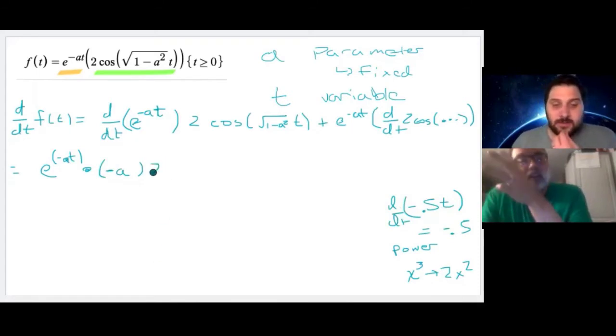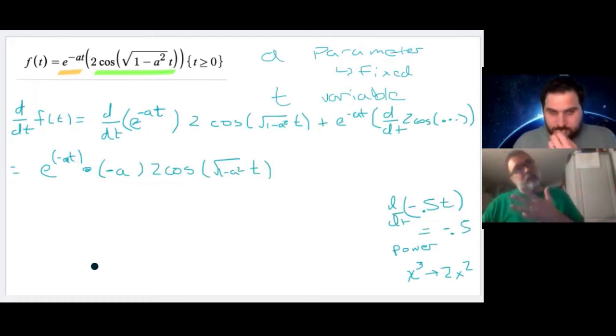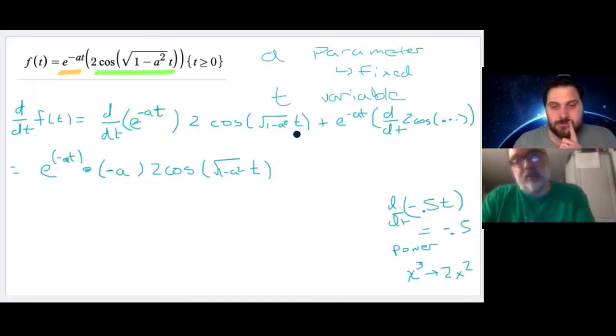Even if, as you were saying, students do too much, if you were thinking product rule, when we did that second part where we were multiplying by the derivative of a, a is not the variable, so that derivative would be 0. It would lose that second term. You mean if we were thinking of minus at as the product of two things we had to take the derivative of?